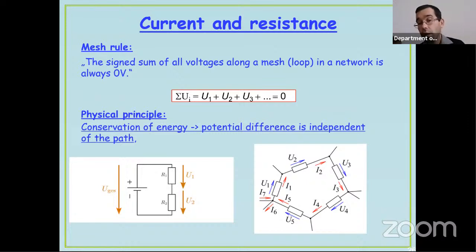We have voltage drops between the 2 connections of a lamp or any kind of resistance. So the sum of the voltages around the closed loop is 0. This law represents the conservation of energy, which implies that the potential difference is independent of the path.